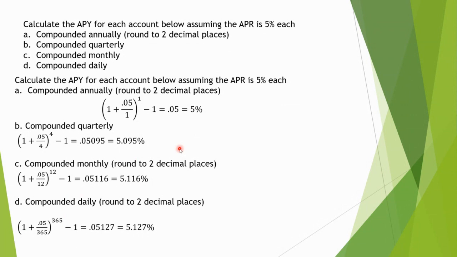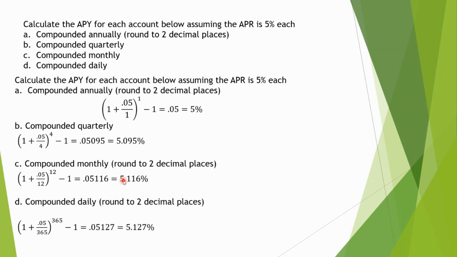With quarterly, in that case, your n is 4. So you would have this calculation, and then I convert it to a decimal. But you can see as n gets bigger, the APY goes up, meaning the percent increase in the account balance goes up as well.